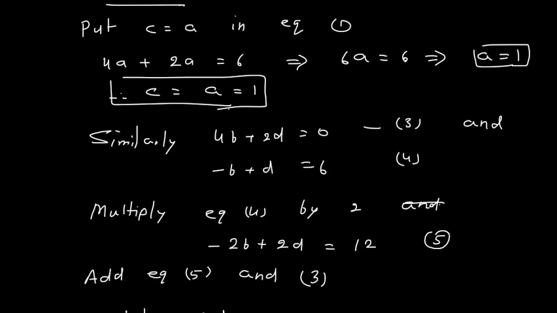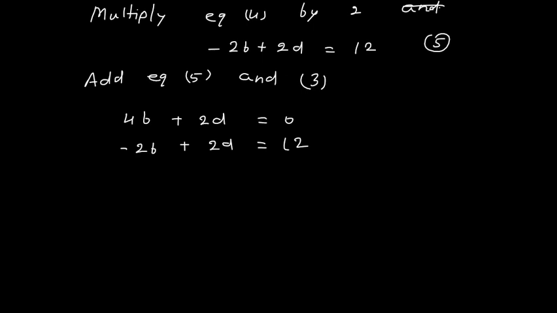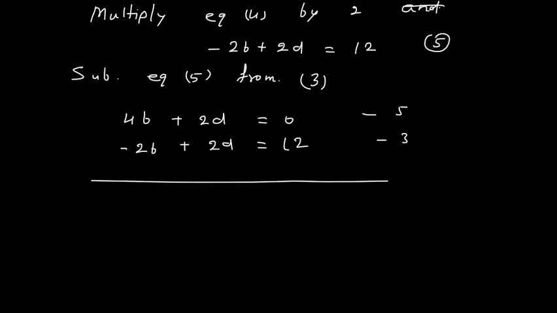So I will subtract, so this will become plus, this will become minus, this will become minus. So 4b plus 2b is 6b, and the d terms will cancel, and here it is minus 12. So therefore I will get b is equal to minus 12 upon 6, which is minus 2. So the value of b is minus 2.